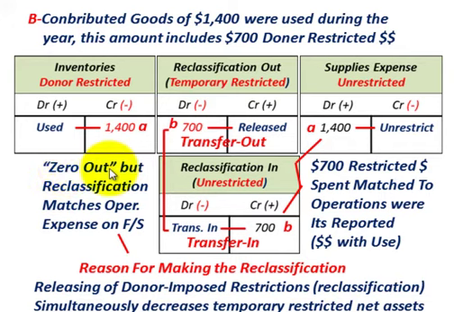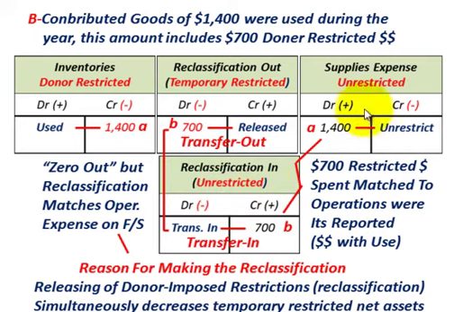And the case here is, again, they zero out, but the reason we did this reclassification, and it's not really evident here, is that it matches our operating expenses on our financial statement. I'm not showing it here, but that's really the reason we're making this entry.